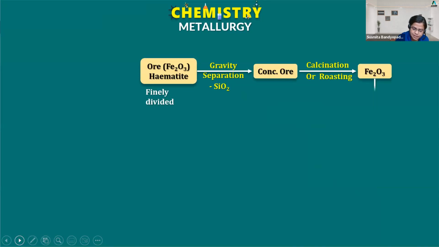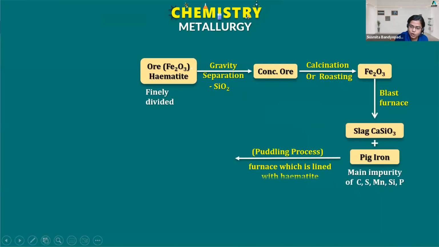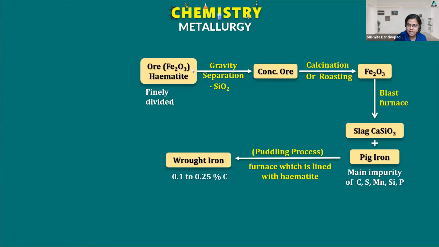Everyone knows that the ore used to get iron is hematite. When we take the finely divided ore, since it's an oxide ore, we'll go for gravity separation to concentrate it. Calcination or roasting? We'll go for calcination.